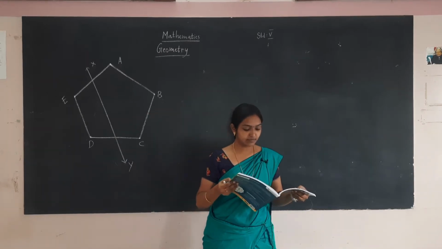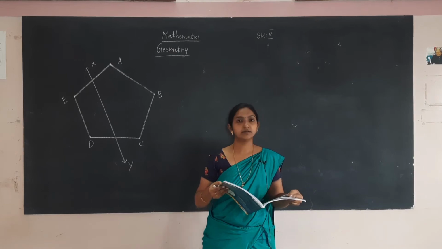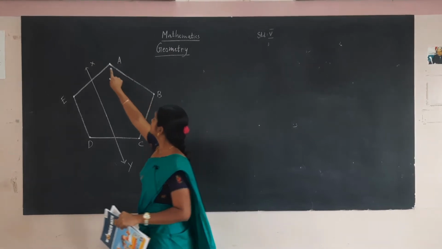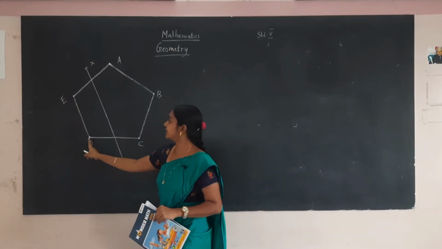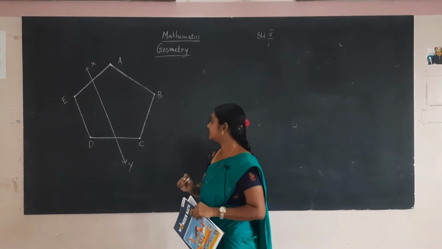Draw a ray from any vertex of the given polygon and label it. Vertex means the corners. We have 1, 2, 3, 4 and 5. We have 5 vertices. We have to draw a ray from the vertex.